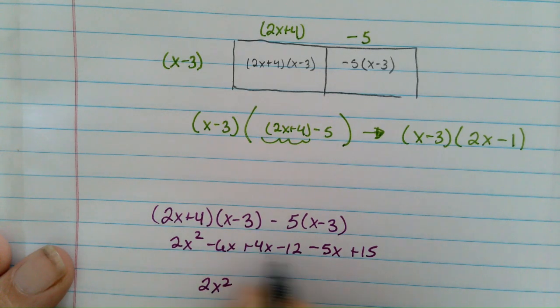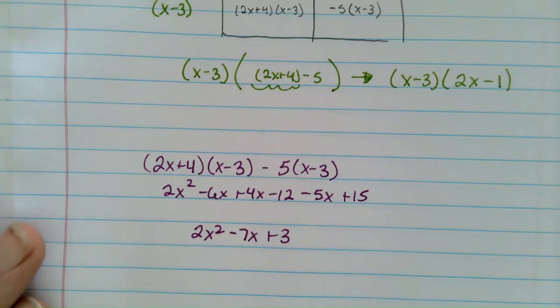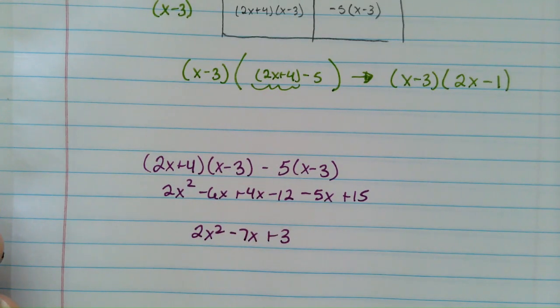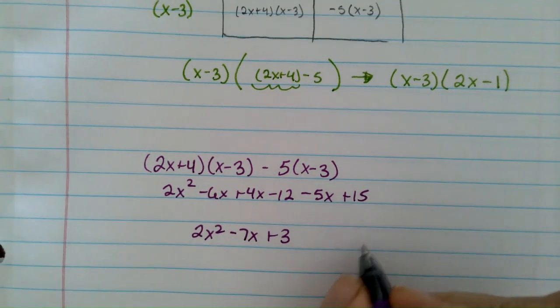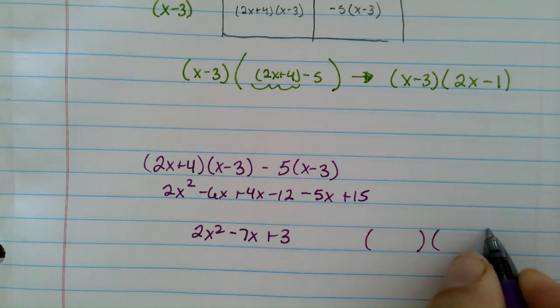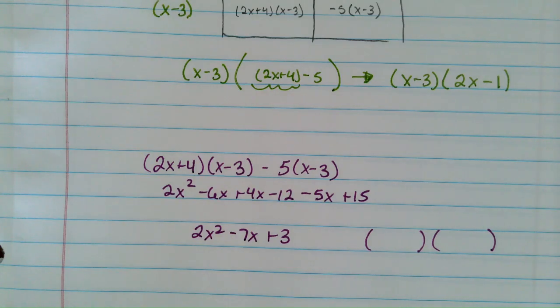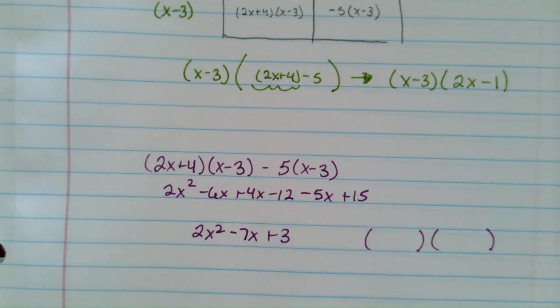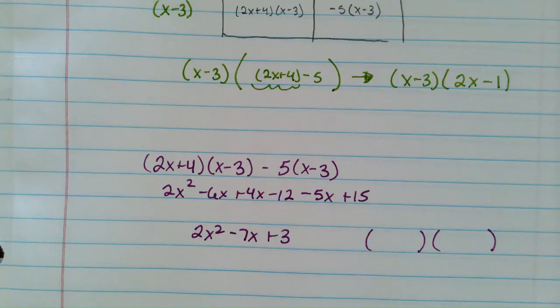So that'd be 2x squared minus 7x plus 3. And they stopped right there. They expanded it, which is great, but this said to factor it. Factor it means we need to write it as a FOIL problem, right? So how could we write this as a FOIL problem and reverse that FOIL process?